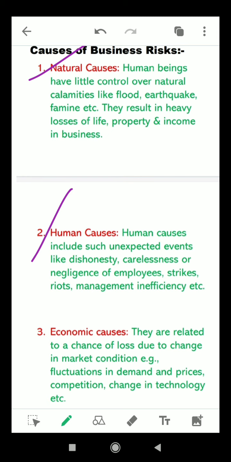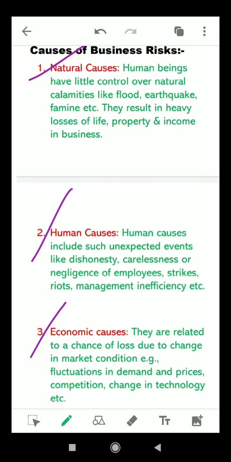So human causes also include stoppage of works due to power failure or strikes or riots, management inefficiency, etc. So better human resource management may help in reducing the business risks due to human factor.